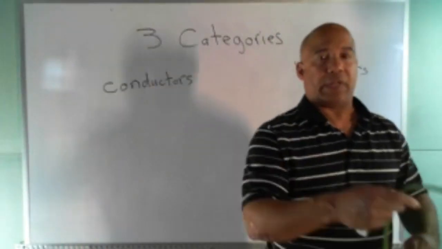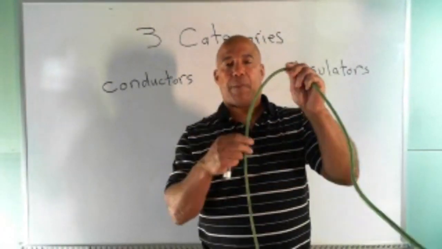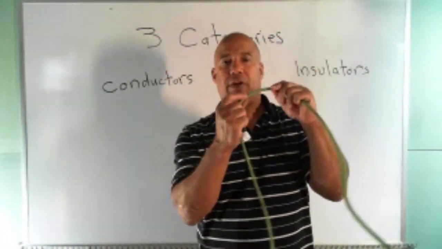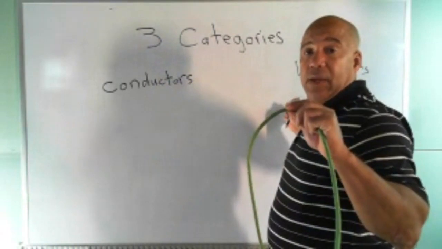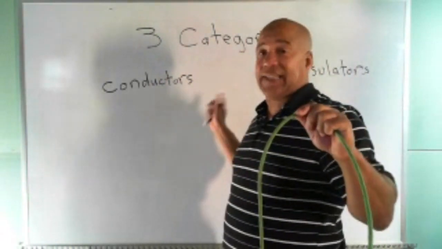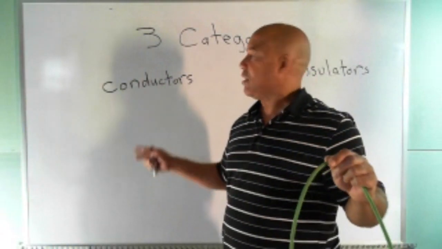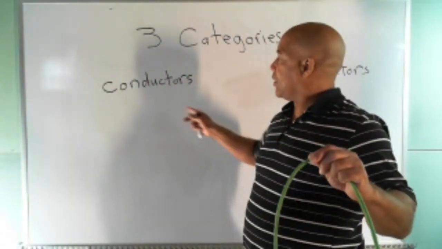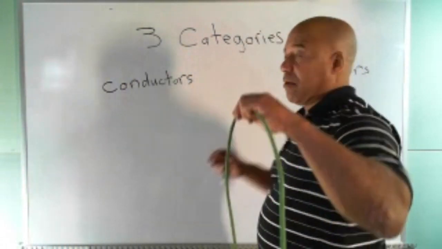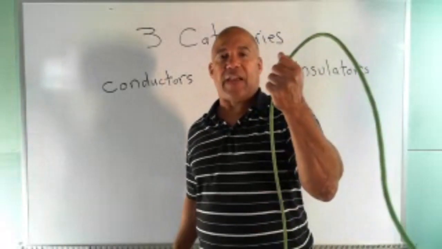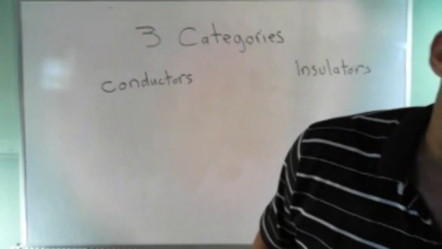This extension cord that I have right here, if you can see it, there's a couple copper wires in there, but around it I have this vinyl material, or sometimes it's rubber. That's the insulator. So normally in electricity, we use these things together. You hardly ever just see a conductor or an insulator by itself. That wouldn't make sense. So the conductor allows the current to flow through, and the insulator around the conductor allows me to handle this safely without being electrocuted.